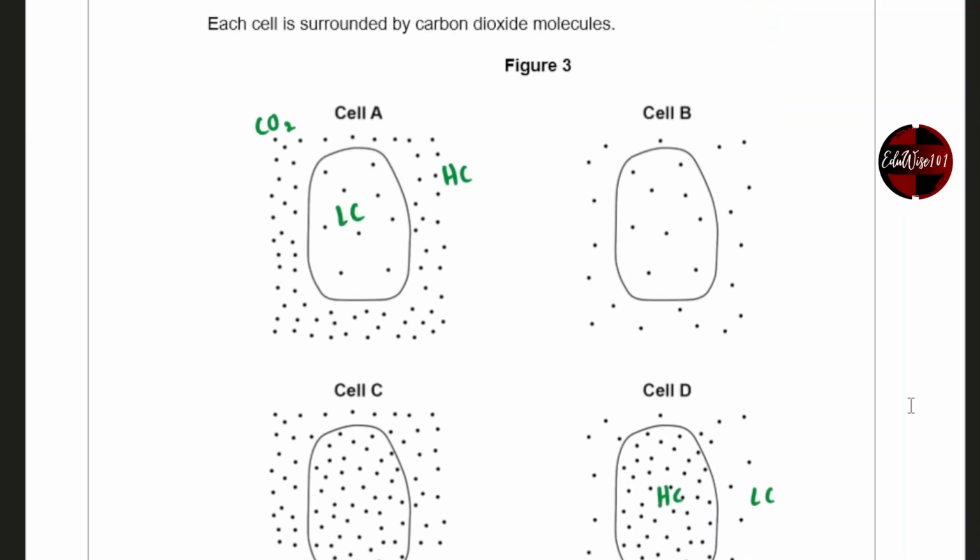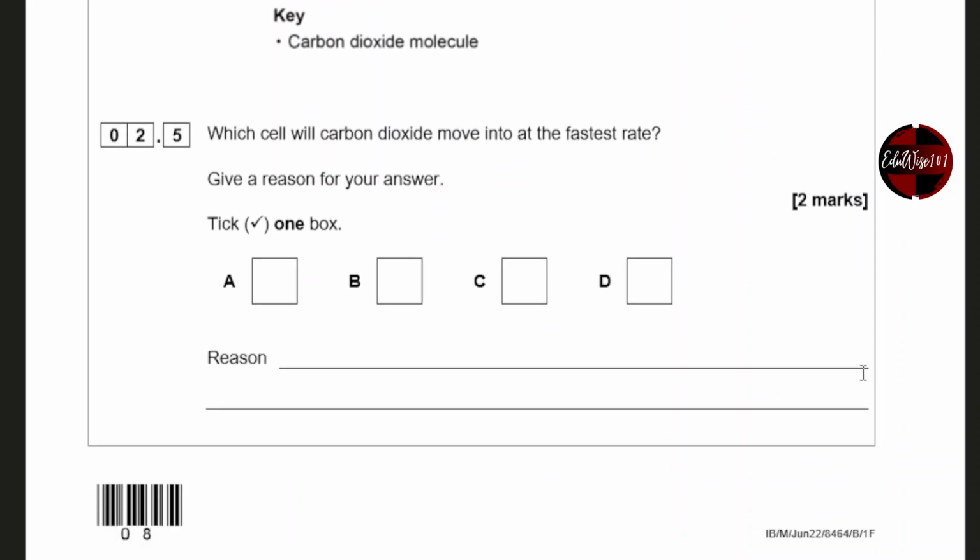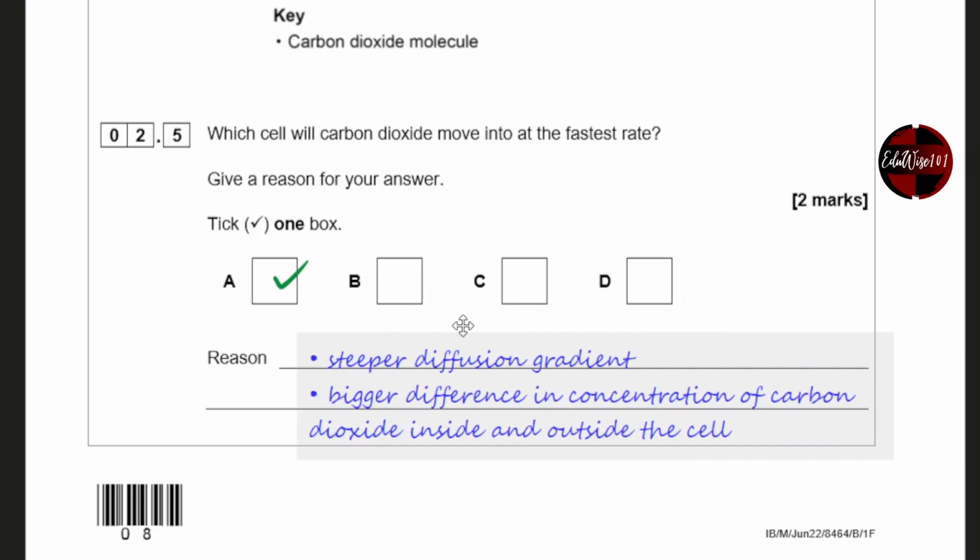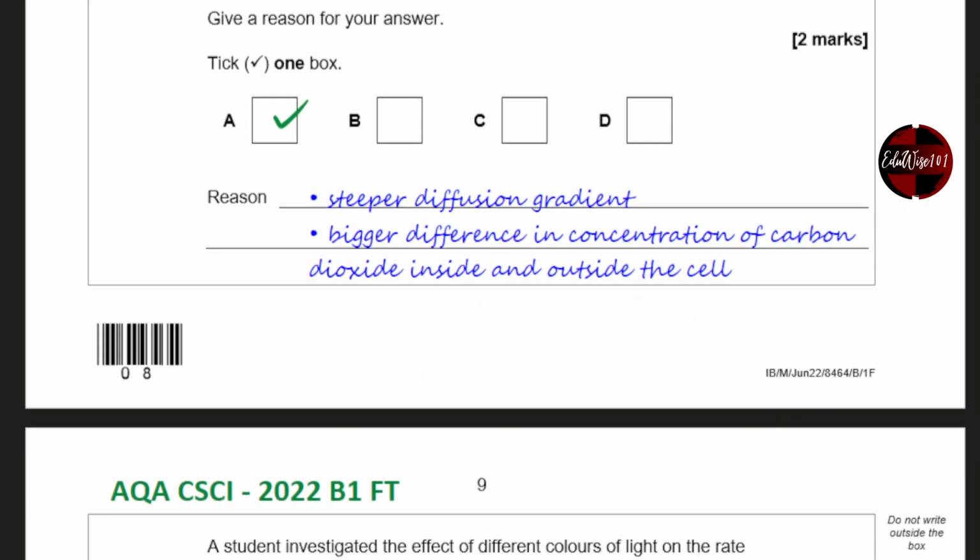Now, which way will it move? It will actually move inwards by diffusion here. The rate at which it's going in is going to be equal to the rate at which it's coming out on both these cells, because the concentrations are the same. Here is going to be coming out. So it is going to be cell A. Reason, because there's a bigger concentration gradient, or you could say there's a steeper diffusion gradient of carbon dioxide inside and outside the cell.